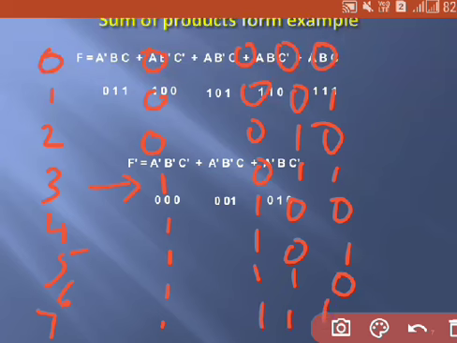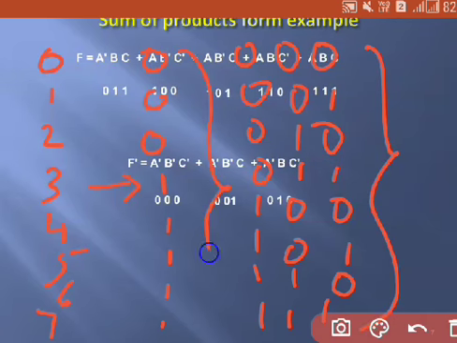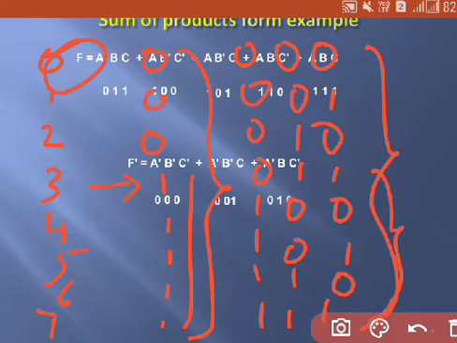For these input combinations you are getting the output like this, so that you can write the function f. For which input combinations are you getting the output as 1? That means for all the last 5 combinations you are getting the output as 1.